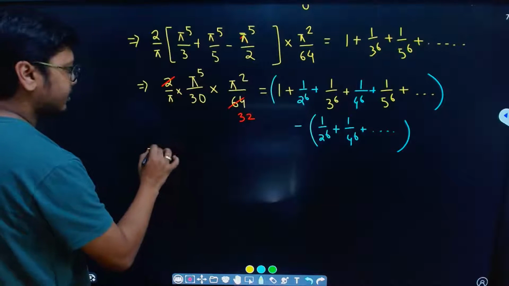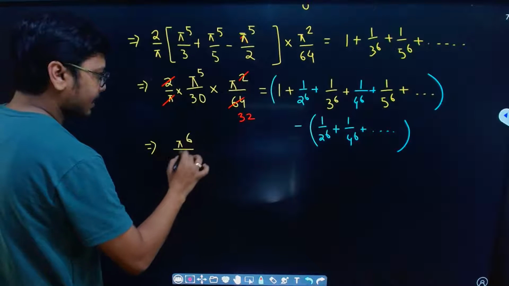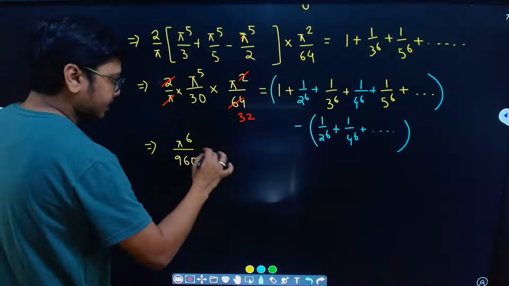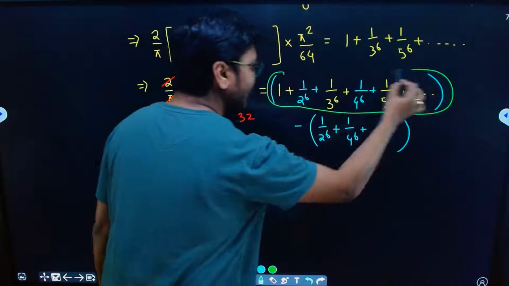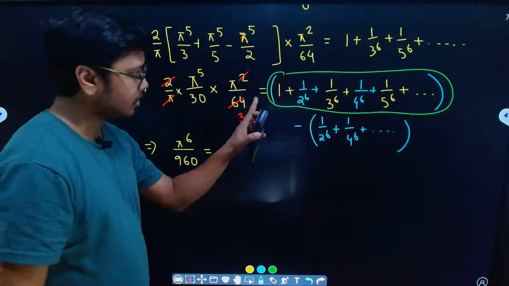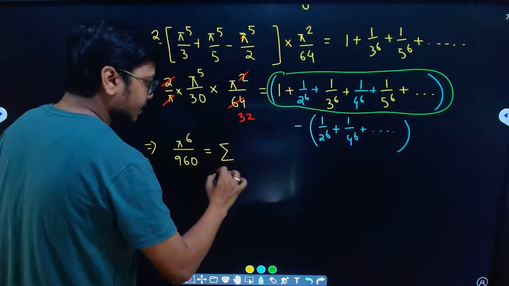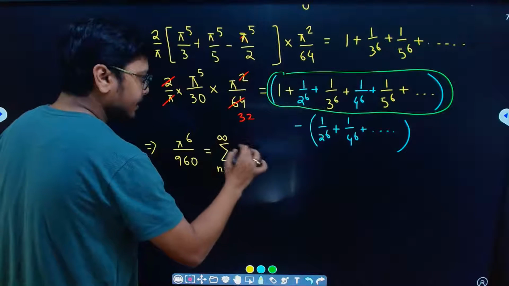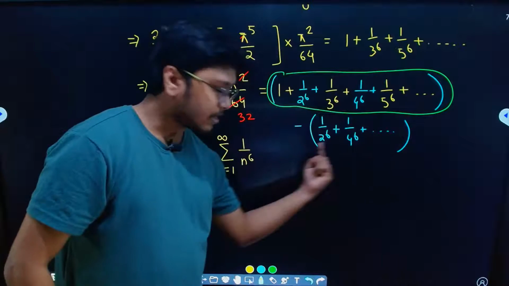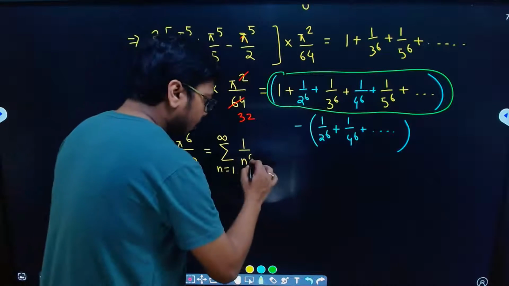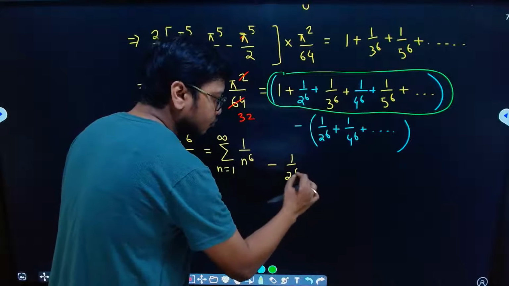So this is 1 pi is getting cancelled, so pi to the power 6 by 960 equals, now this entire thing, this is basically my required summation which has all the terms. So I can write this summation n equals 1 to infinity 1 by n to the power 6, and now this term is remaining.